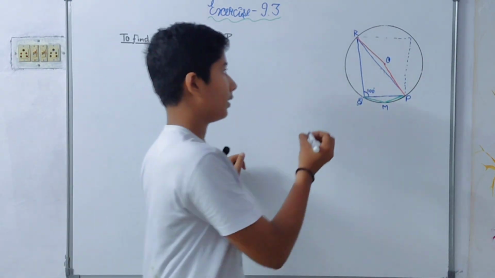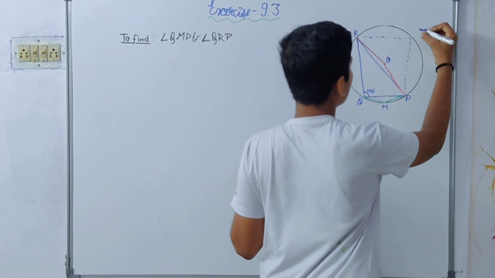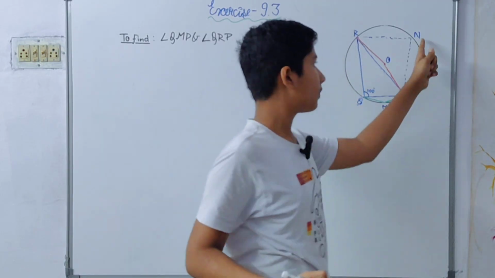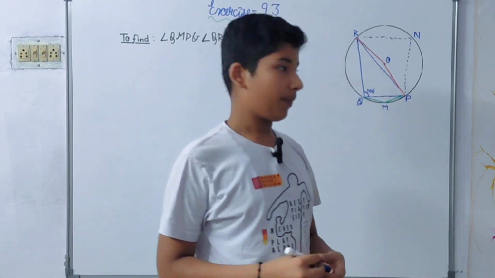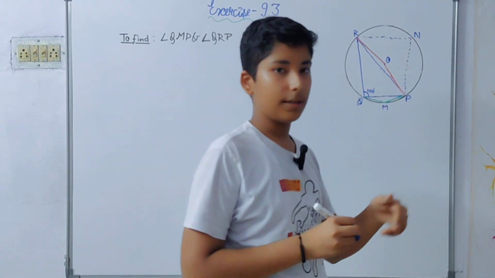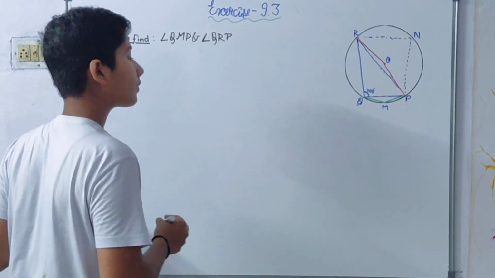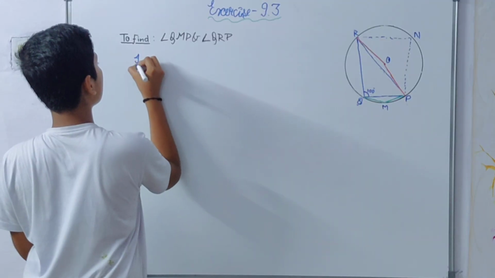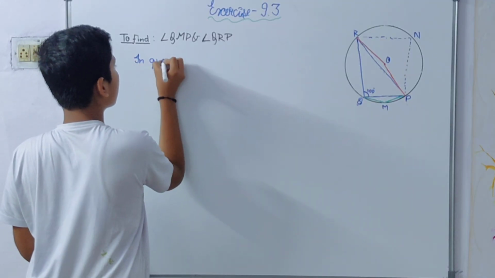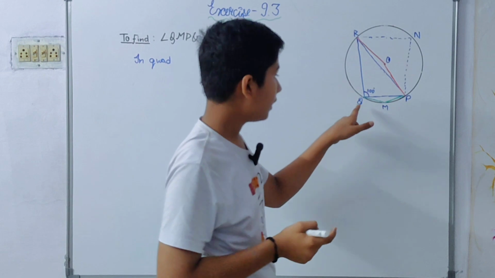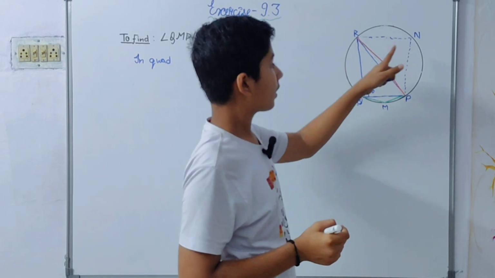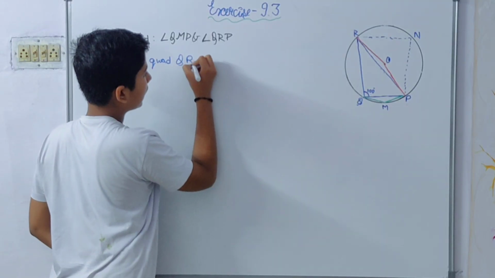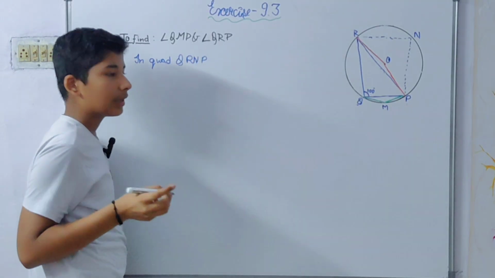Okay, we have constructed. This is point N and this is point M, because we have constructed both of these. First of all, consider the quadrilateral QRNP.